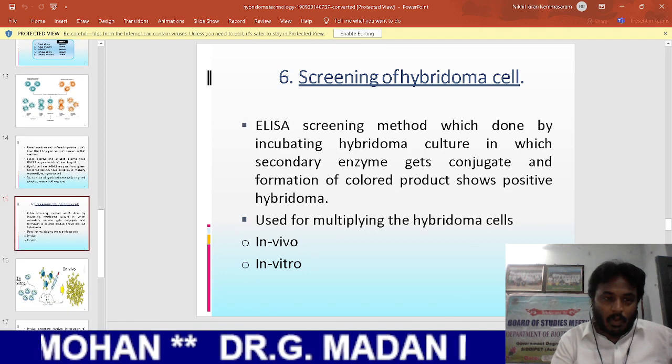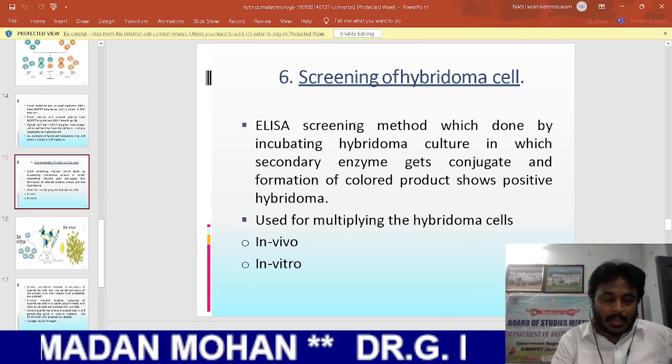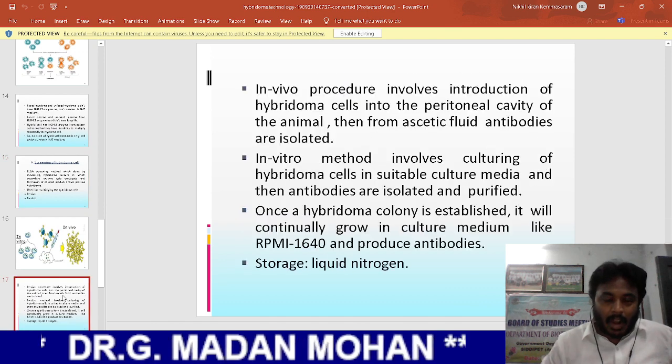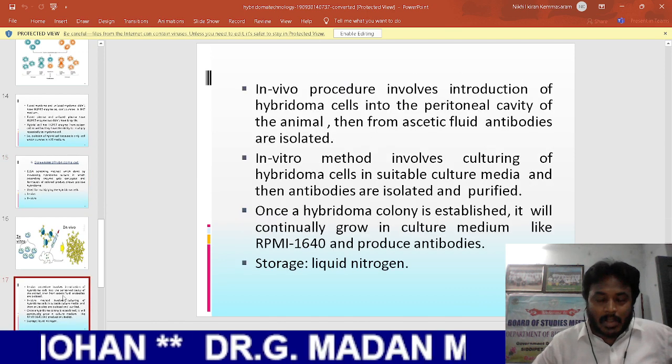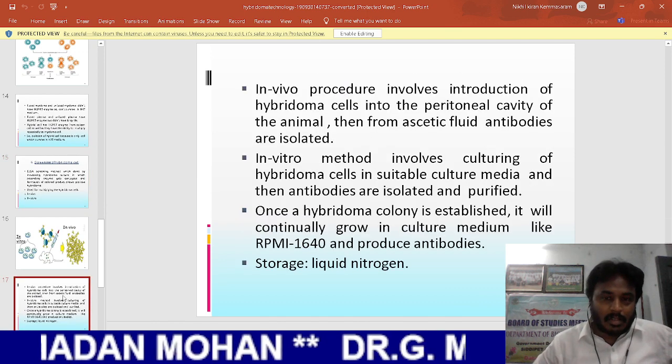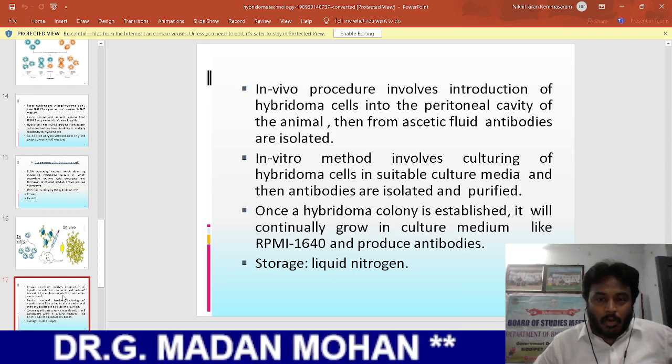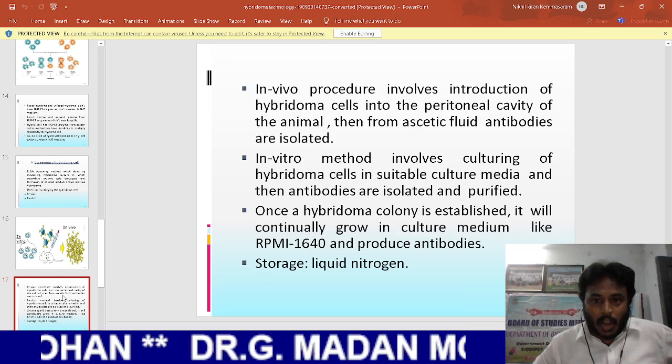Once we introduce the hybridoma cells into the multi-well plate, antibody producing hybridoma cells will bind to the antigens, and after washing, unbound hybridoma cells will be washed off.